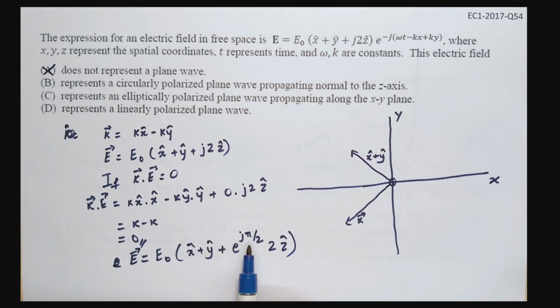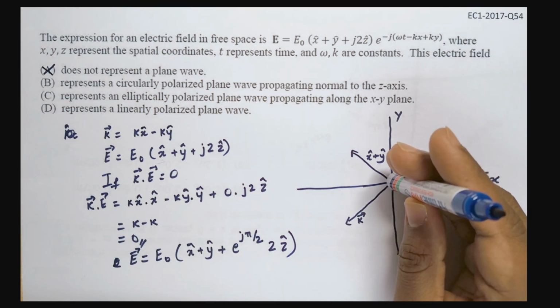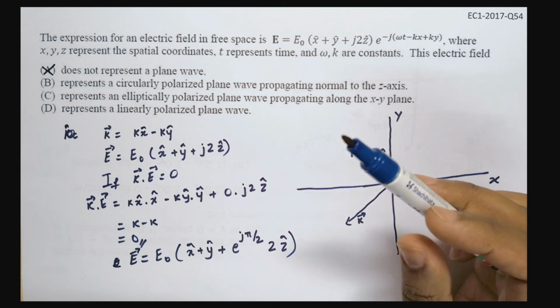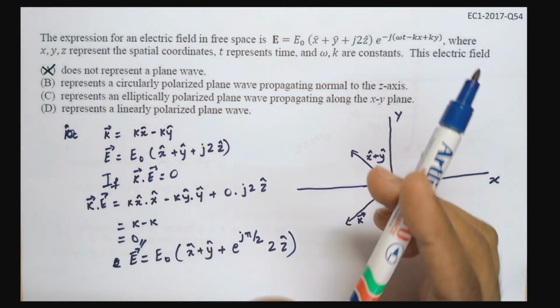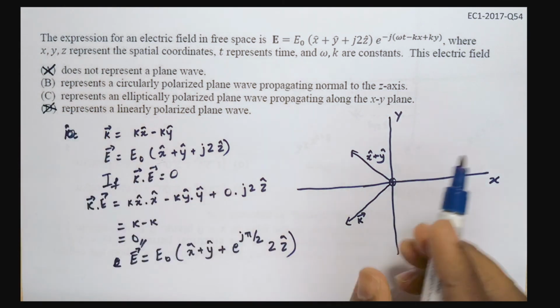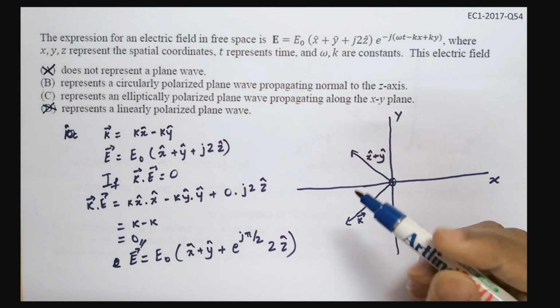So in this case it has a phase difference of pi by 2 along the z direction. That makes this plane wave either circularly or elliptically polarized, so it is not option D.